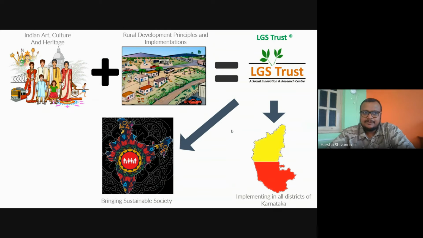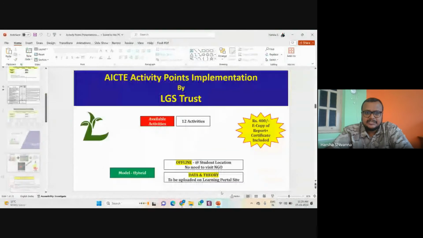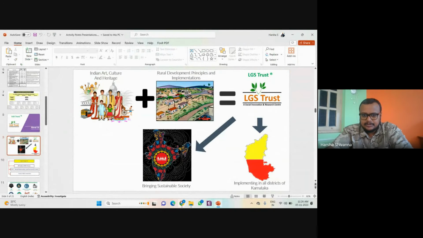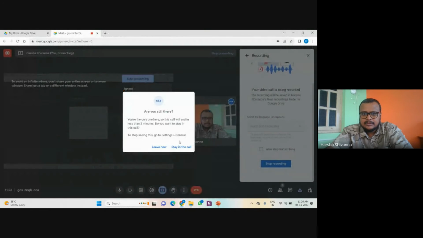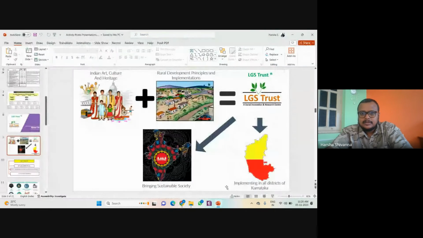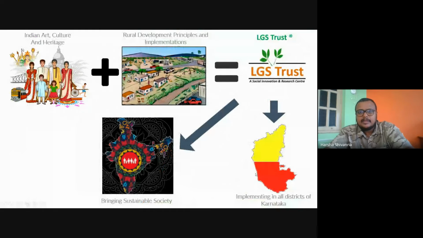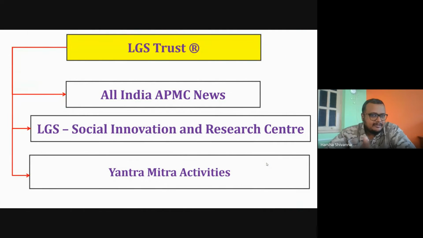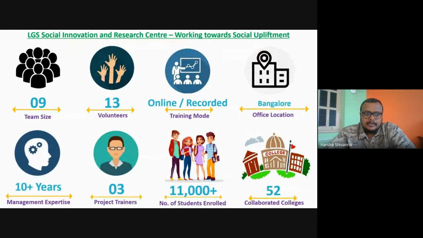We are working on Indian art, culture, heritage, and a sustainable society. We have other wings where we are doing research work. We have a license for social research activities. We are a team of 9, and we have 13 volunteers.